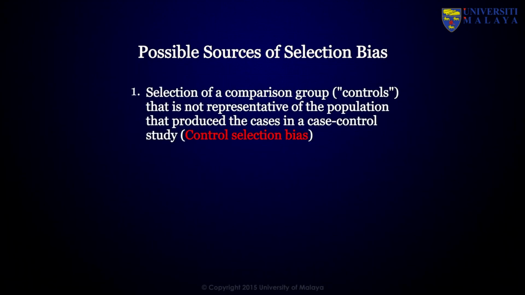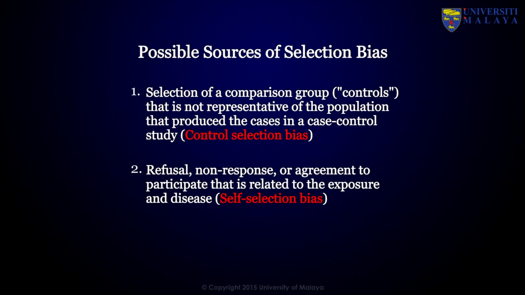One is selection of a comparison group or control that is not representative of the population that produced the cases in a case control study, or control selection bias. Second, refusal, non-response, or agreement to participate that is related to the exposure and disease, which we call self-selection bias.